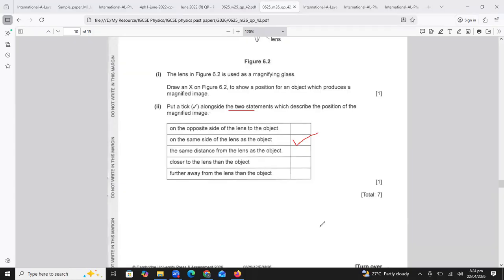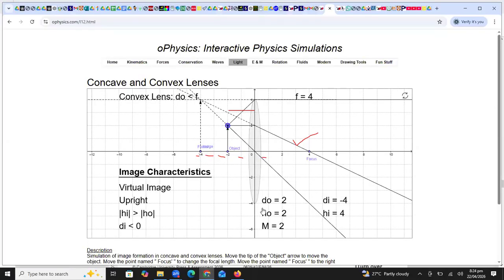Now in the next part, they are saying the same distance from the lens as the object. It's not necessary that the image is at the same distance from the lens as the object. You can see this diagram, students. Let me show you again. This is the DO. DO means distance of object from the lens, which is 2 centimeter, because it is occupying the two horizontal boxes.